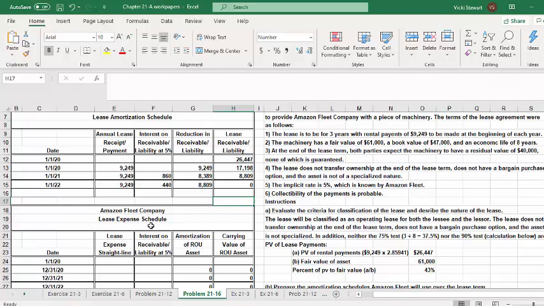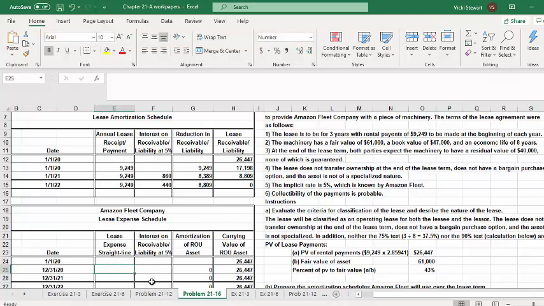When we have an operating lease, we're only going to be recording one amount of lease expense, and that is going to be equal to the lease payment. So we have to divide that between the interest that we will credit to the lease liability and the amortization of the right of use asset. At the beginning of the lease term, the right of use asset will have a value of $26,447.